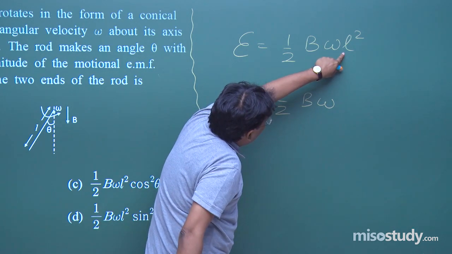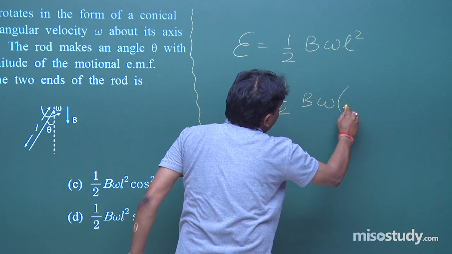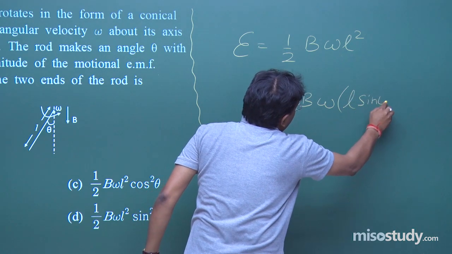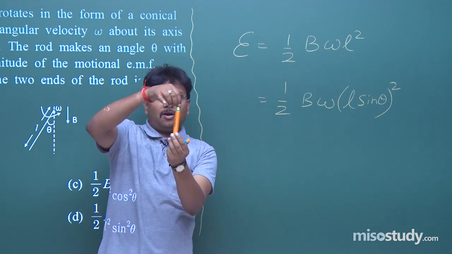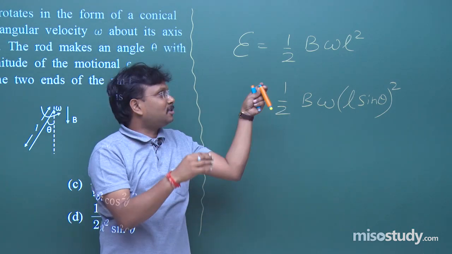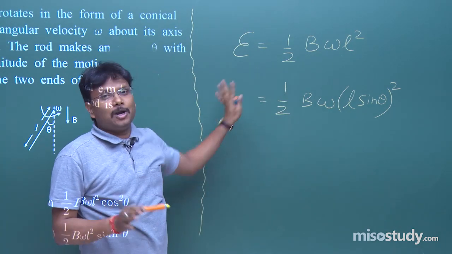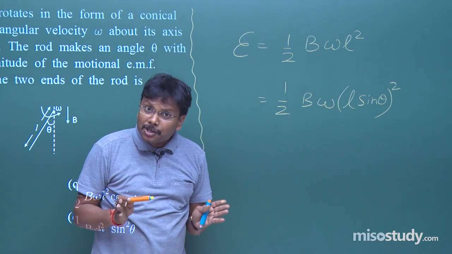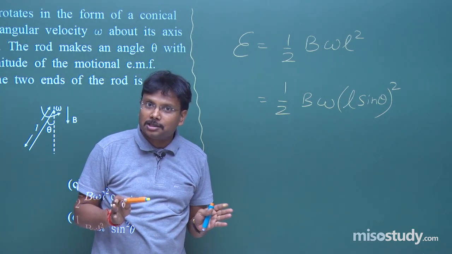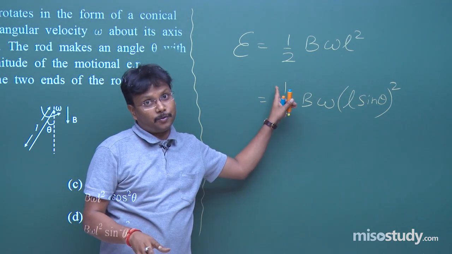Now, a story is hidden behind this L, and this L is nothing but L sin theta whole square. It is the formula when the rod is rotating like this, and this is the formula when it is moving in a conical pendulum. So, a directly formula based question, just checking whether you are in a position to recall that formula or not. Recall in 10 seconds, only 10 seconds for this question.